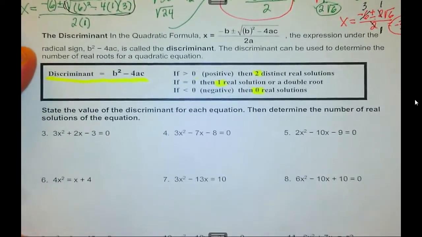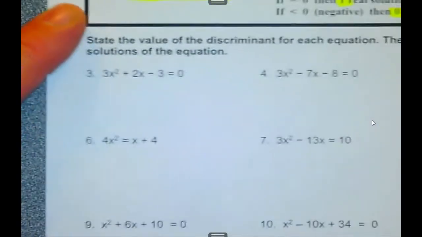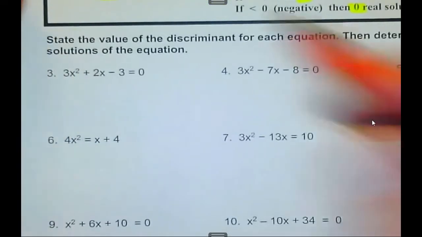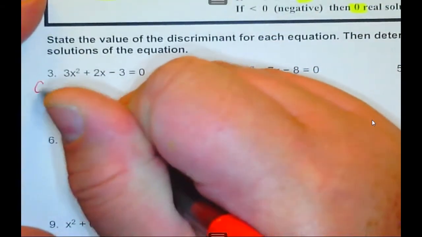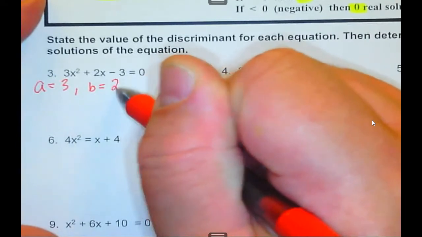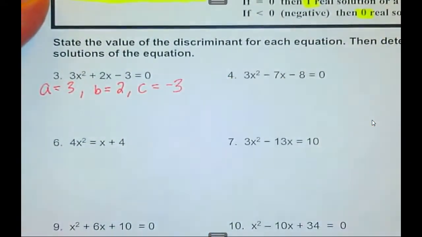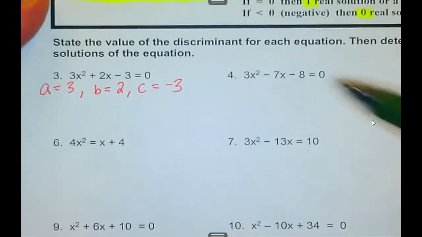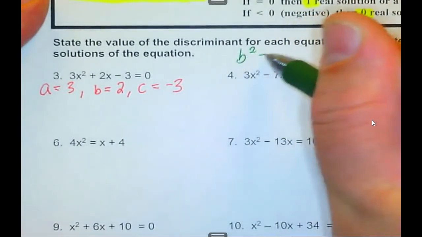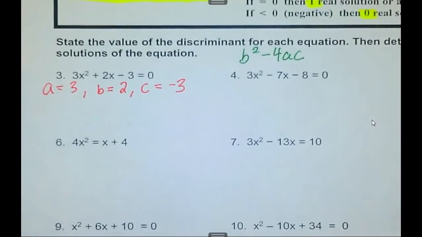Alright, this is all you have to do. Let me show you what you have to do for your homework. Number 3. My A is 3. My B is what? That's right, 2. What's my C? Just plug it into B squared minus 4AC and tell me how many solutions you have.